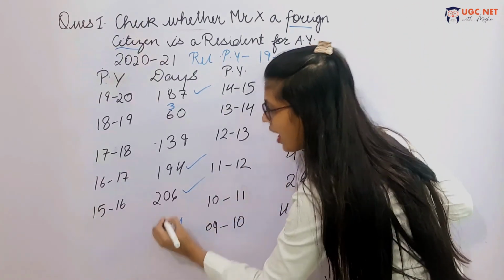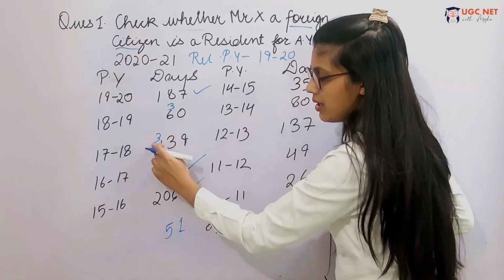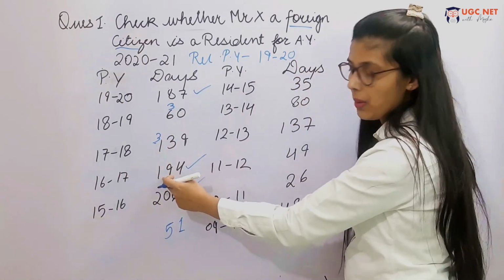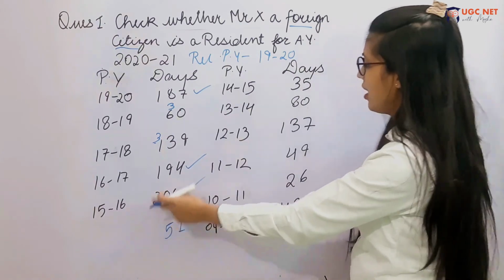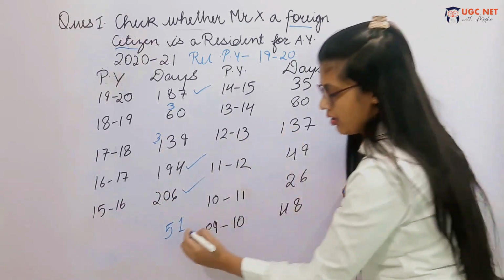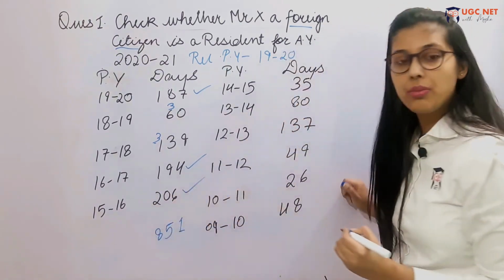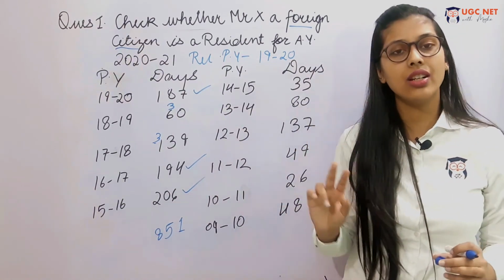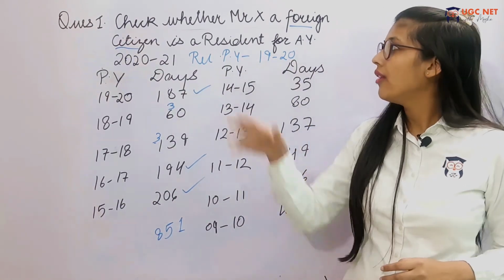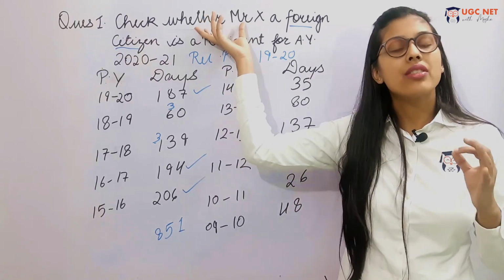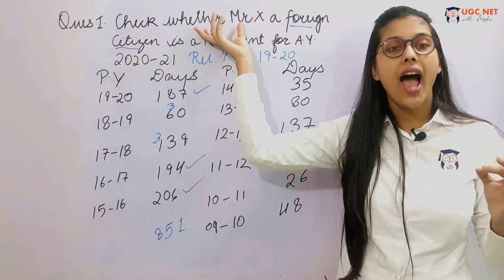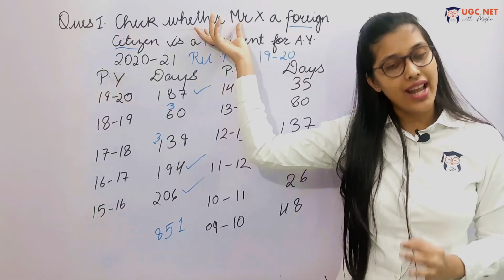So 5 here and 3 carry forward. So 3 plus 1 is 4, plus 1 is 5, plus 2 is 7 and plus 1 is 8. So 851 days, which means he satisfies the additional condition 2 as well. So we can simply conclude that Mr. X is resident and ordinarily resident.